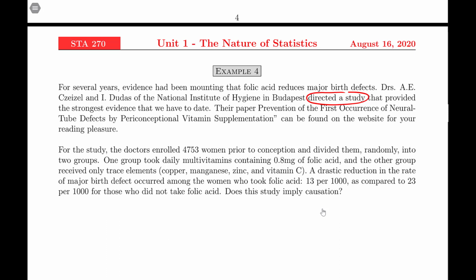They didn't just observe 4,753 women that they randomly selected. They actually put into place criteria and methods that they were evaluating to see what the end result would be. So with this particular case, we're looking at a designed experiment, and it does imply causation because of the methodology applied to the experiment.